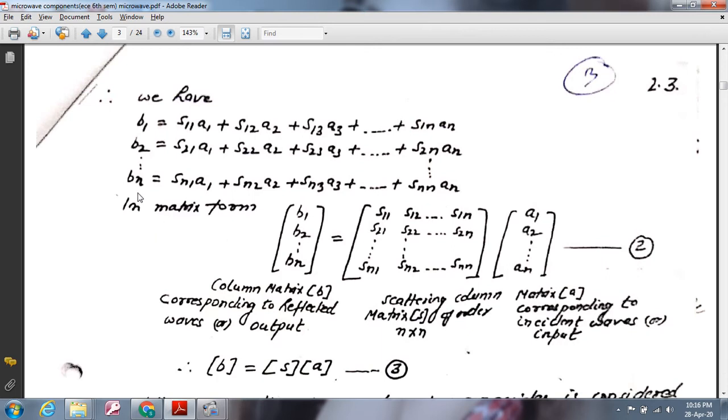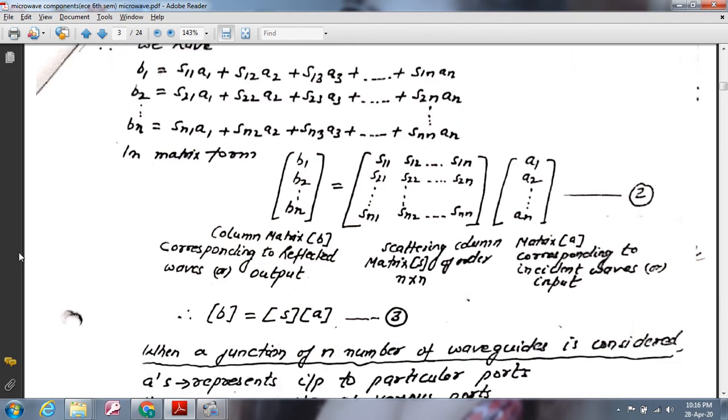So in general we can say Bn will be equal to Sn1 A1 plus Sn2 A2 plus Sn3 A3 plus so on up to the last Snn into An. Now if we want to show this equation in matrix form, we can say all these equations B1, B2, B3 up to Bn can be thought of as a column matrix B1, B2 up to Bn.